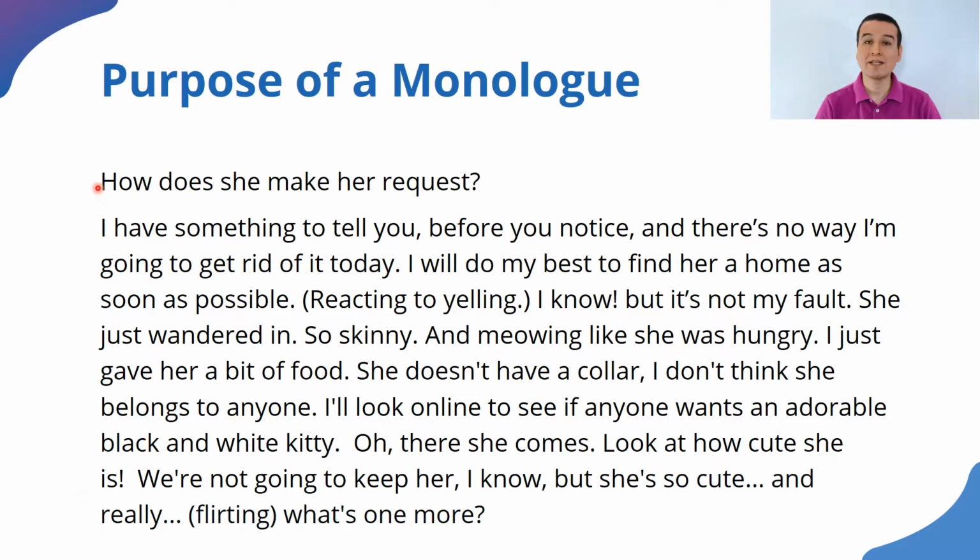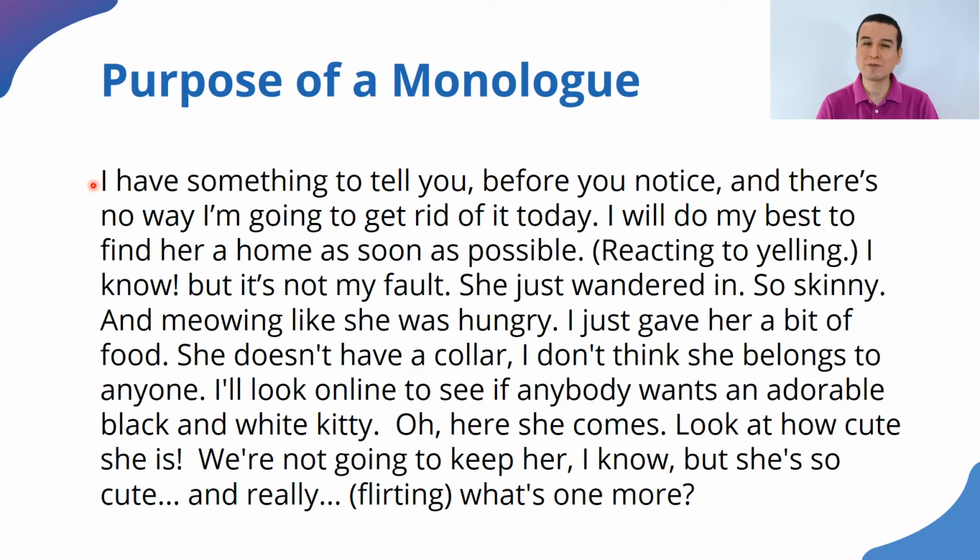All right? Right now, I would like you to think about the purpose behind the monologue of this woman. So she wanted the husband to let her keep the cat, right? So for that, she moved the man's emotions so that she could get what she wanted, which is for him to finally agree.